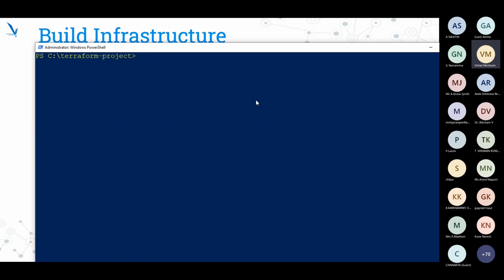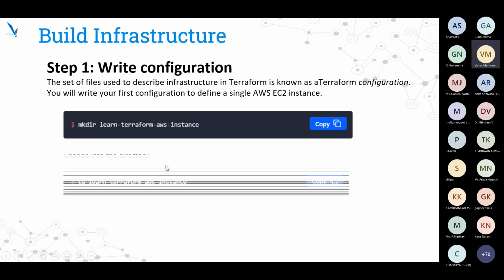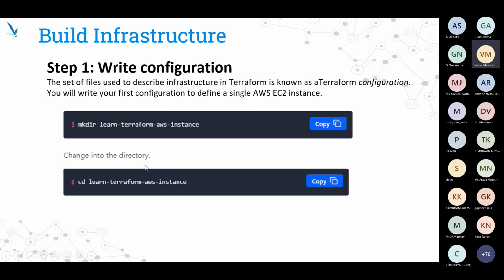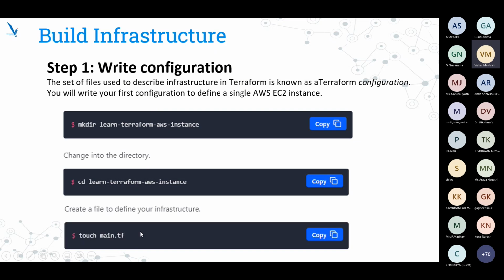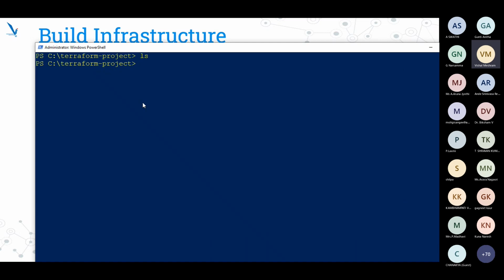Let me check what the contents are here with ls. We have not created any files. So we have created one directory and changed into it, and now we are going to create our main script file, called main.tf. Either I can use touch, or directly create a file and open it in an IDE.